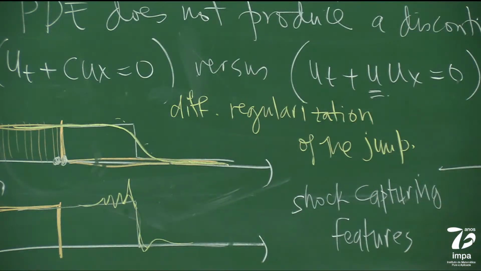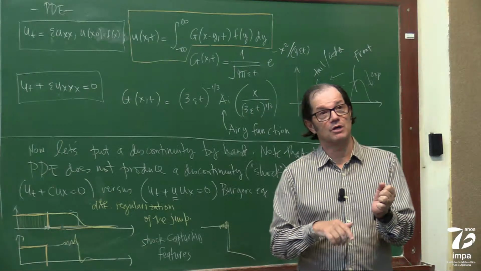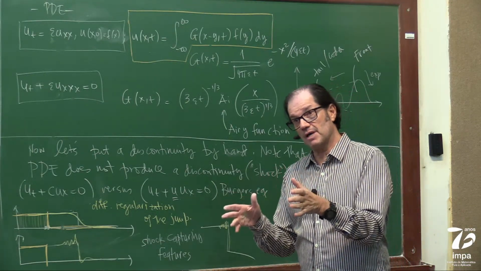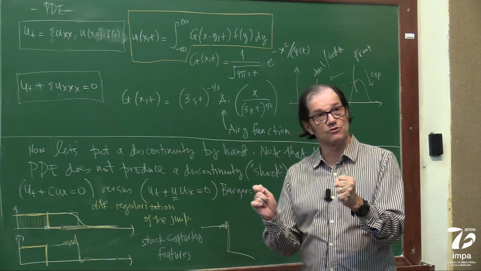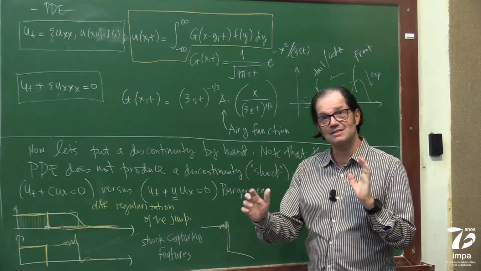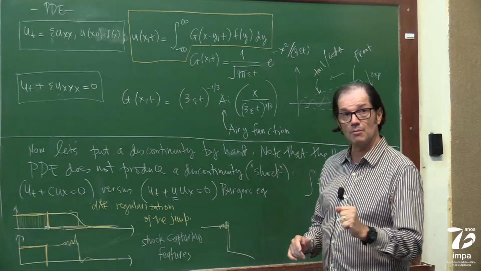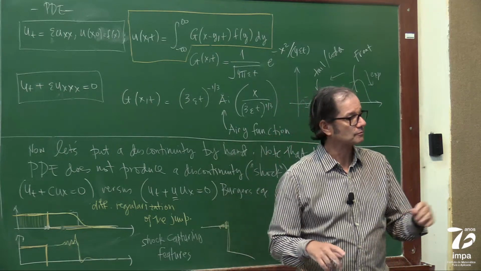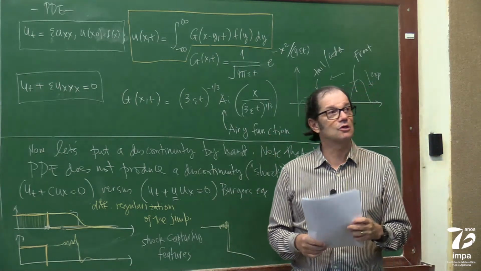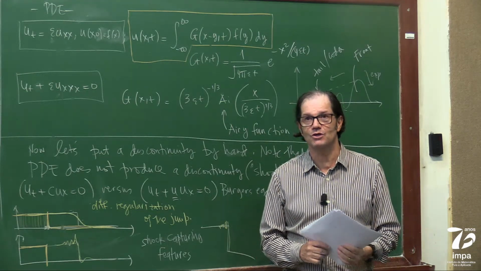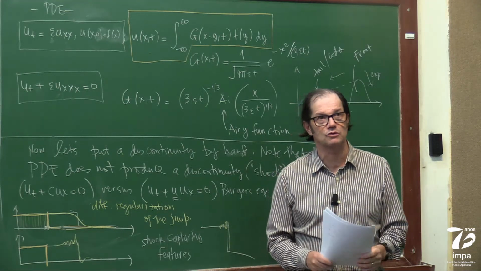How does it capture the shock? In a diffusive way or in a dispersive oscillatory way? PDE theory tells us that in the diffusive way, the convergence is in the classical sense. The other one is more complicated. It's in the weak sense. There need to be cancellations and so on. But still one can use one or the other, depending on what you want to do with your numerical method, what you want to show, and so on.